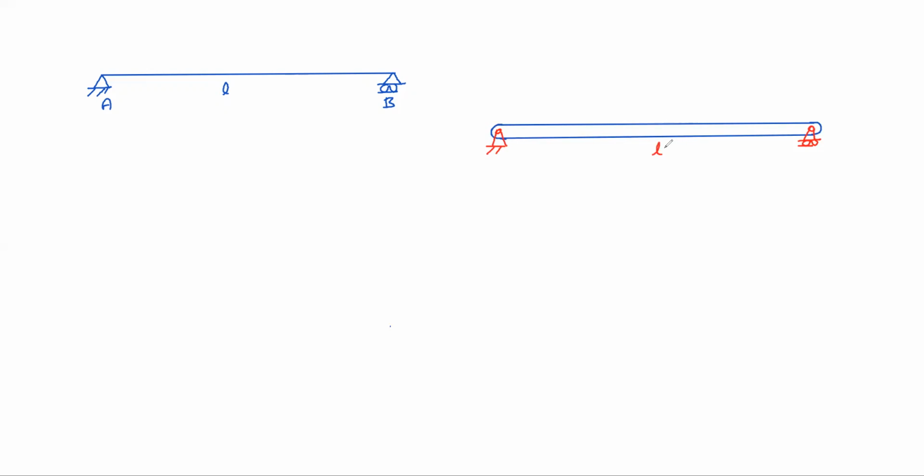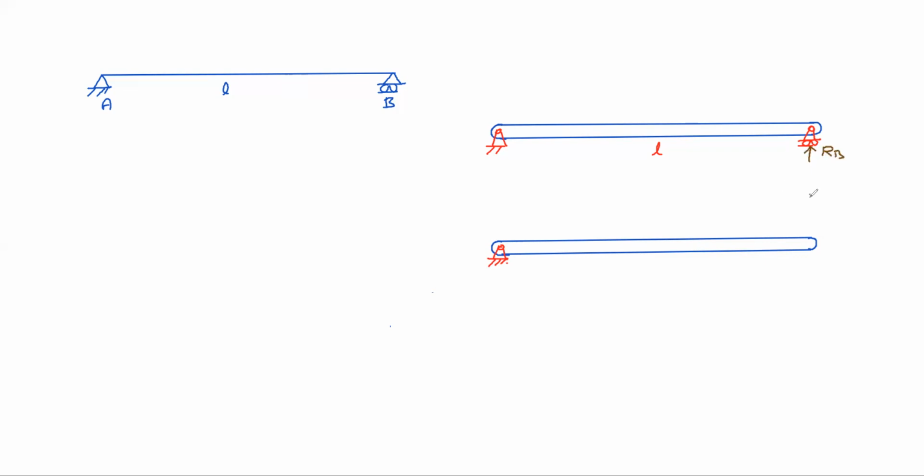Now release that B support. By releasing B support, it becomes like this. After releasing, just give unit displacement in RB direction. You know, RB direction is this one.